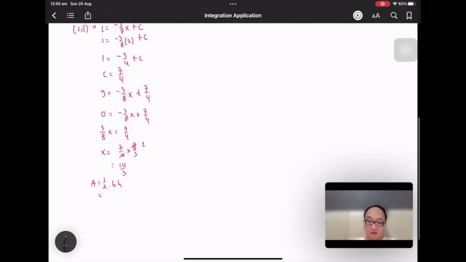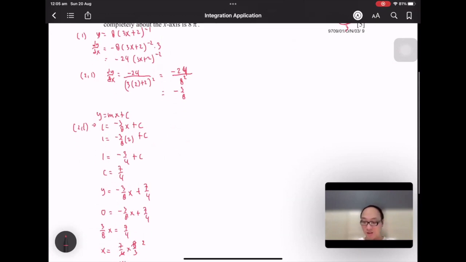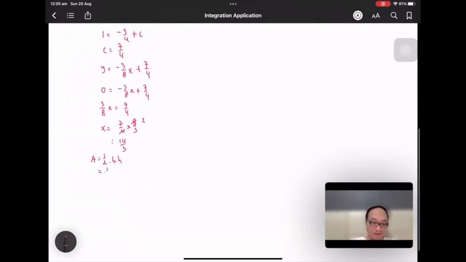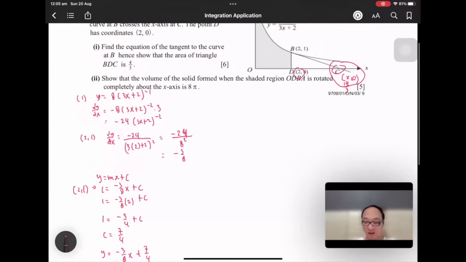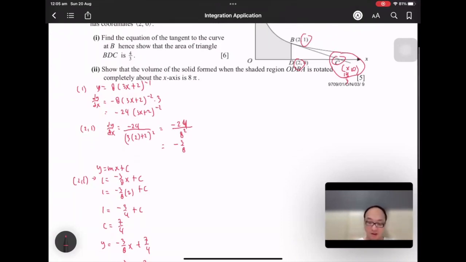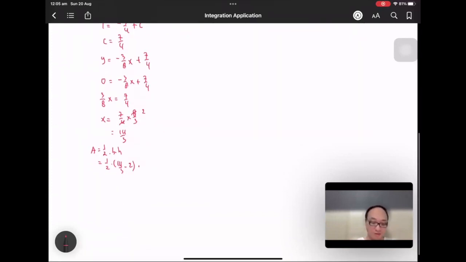The base is 14/3 minus 2, times the height, which is 1. So this is 1/2 times 8/3 times 1 equals 4/3. Sure, yeah?